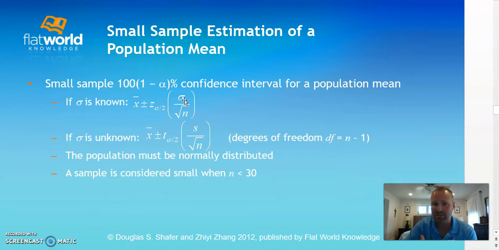It was a small sample, but the standard deviation was known, and therefore we could use the same calculation method with the normal table. But where it varies is when it is unknown. When the standard deviation is unknown and we're dealing with a small sample, we now need to use this student t-distribution. So let's do an example that will exemplify that.